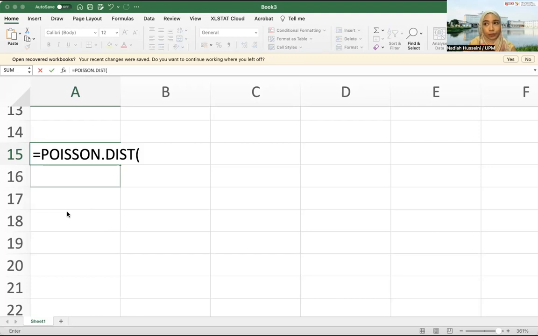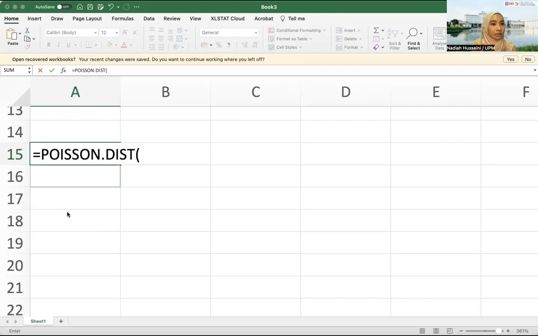If X is not an integer, it is truncated. Let's say you put in 1.2. The Poisson distribution does not recognize this because, to use Poisson, it needs to be an integer, so it will truncate it to become 1. If X or mean is non-numeric, Poisson distribution returns the value error. So if you get an error, you're using it wrong. If X is less than 0, again, error.